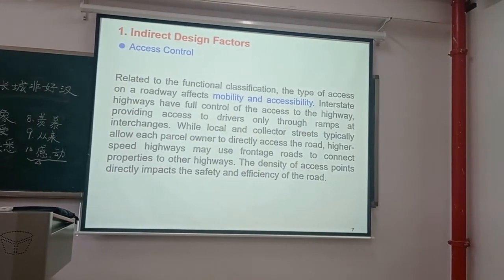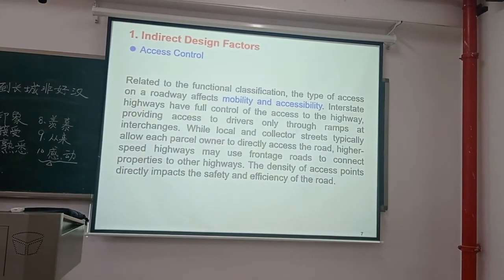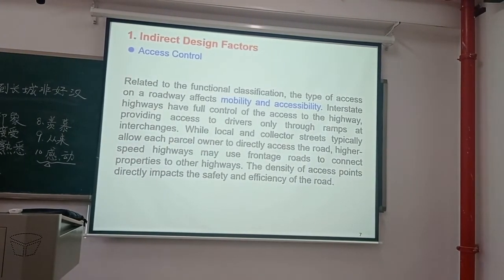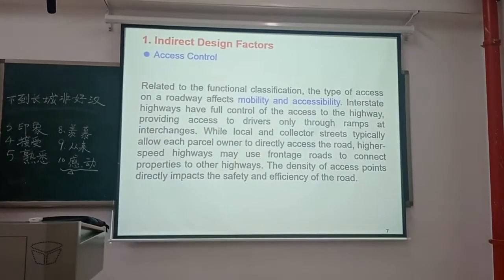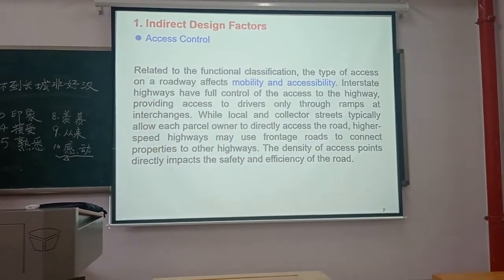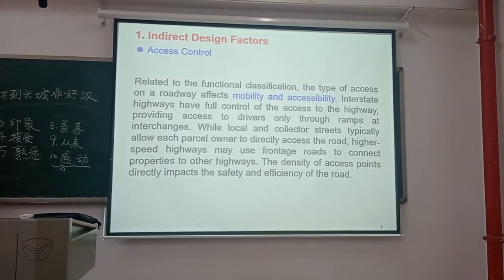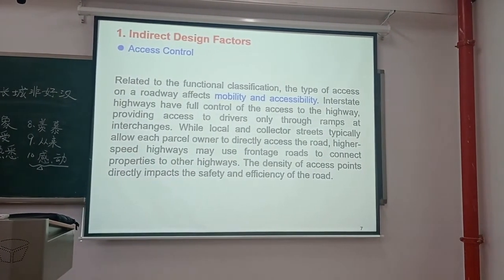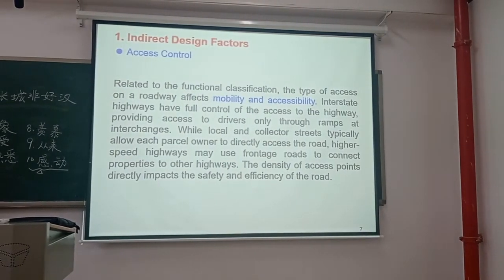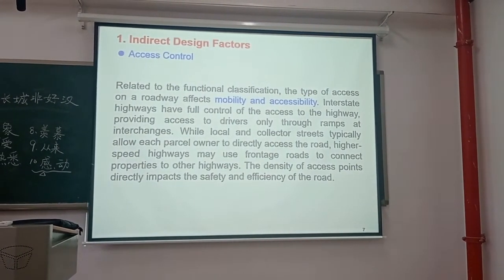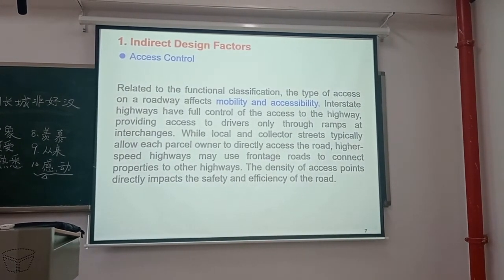While local and collector streets typically allow each parcel owner to directly access the road, higher speed highways may use frontage roads to connect properties to other highways. The density of access points directly impacts the safety and efficiency of the road. We can know that for local roads or freeways, the access is different.